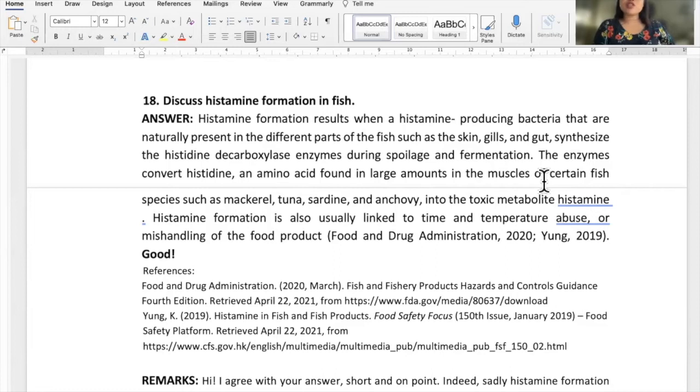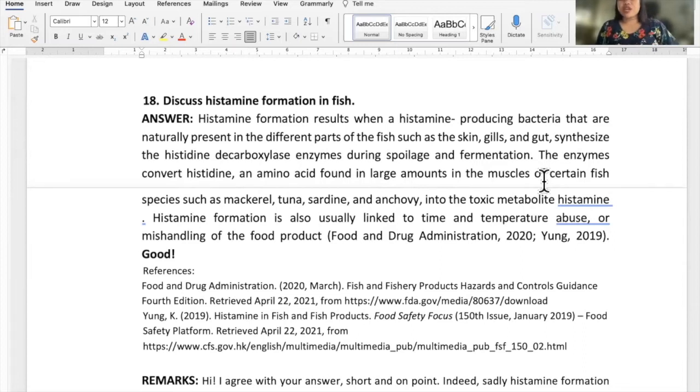However, kapag mataas yung level of histidine sa sample, the formation of histamine is triggered by high temperature, and pag sinubject mo sa matagal na time na nasa ganung temperature yung fish mo. So, time and temperature abuse ang tawag doon. Okay?